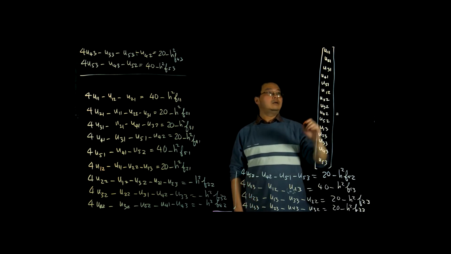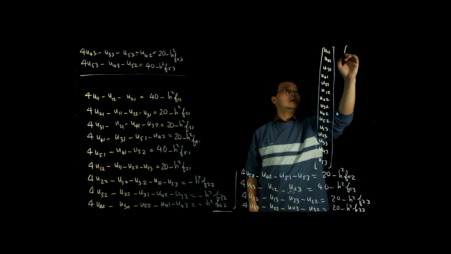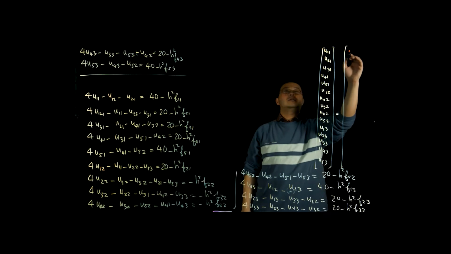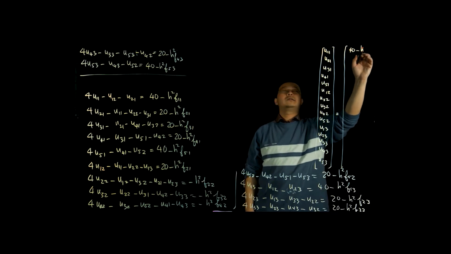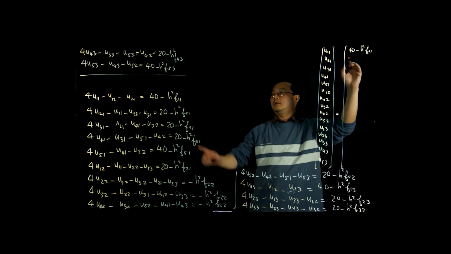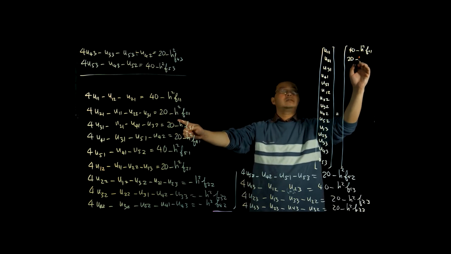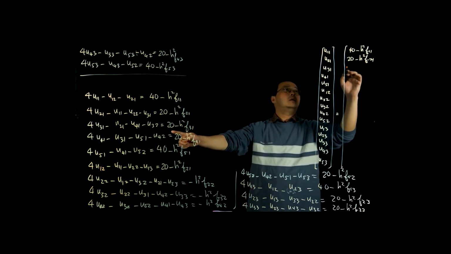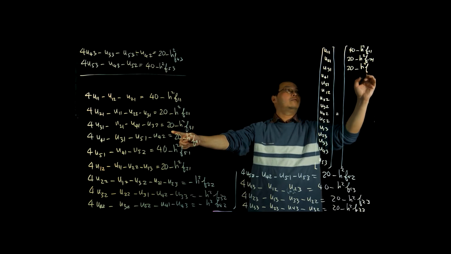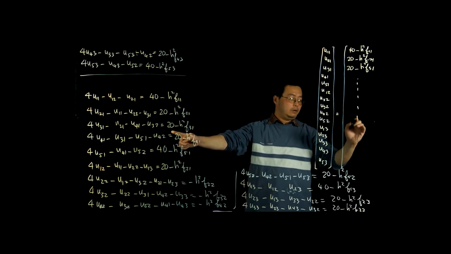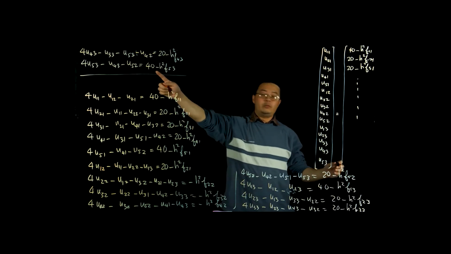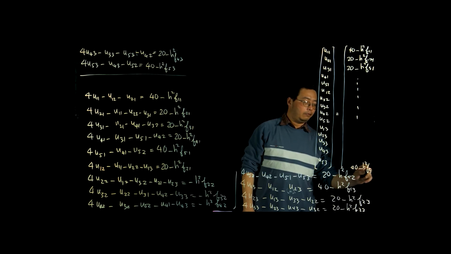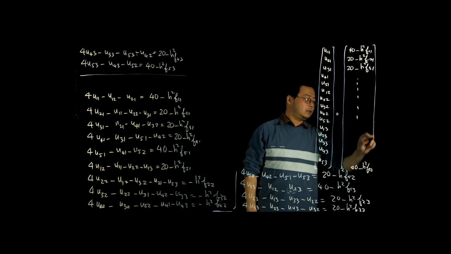And the right hand side will be from the first equation: 40 minus h squared f11, then 20 minus h squared f21, and then 20 minus h squared f31, and so on until the last one. The last one will be 40 minus h squared f53. So this will be the right hand side.